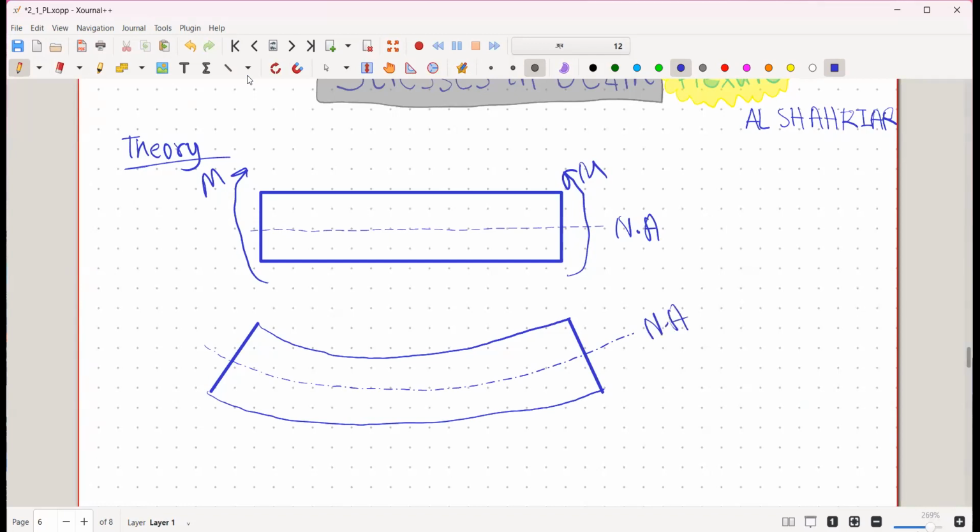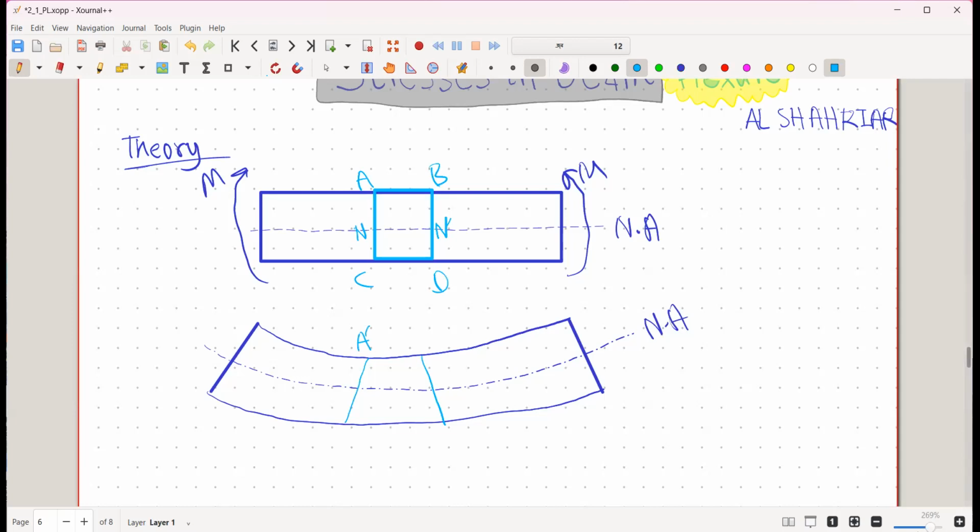This section, let's denote it as A B, surrounding this part A dash and B dash.